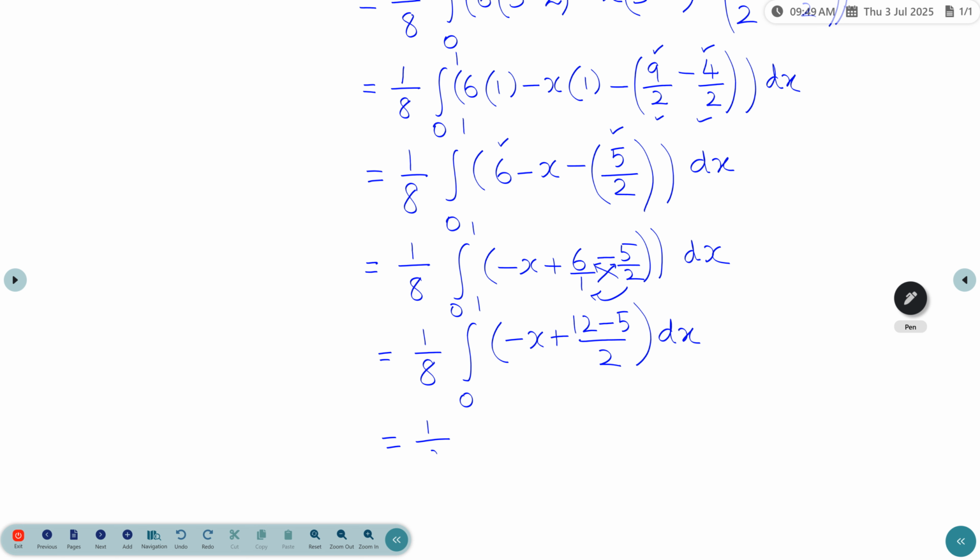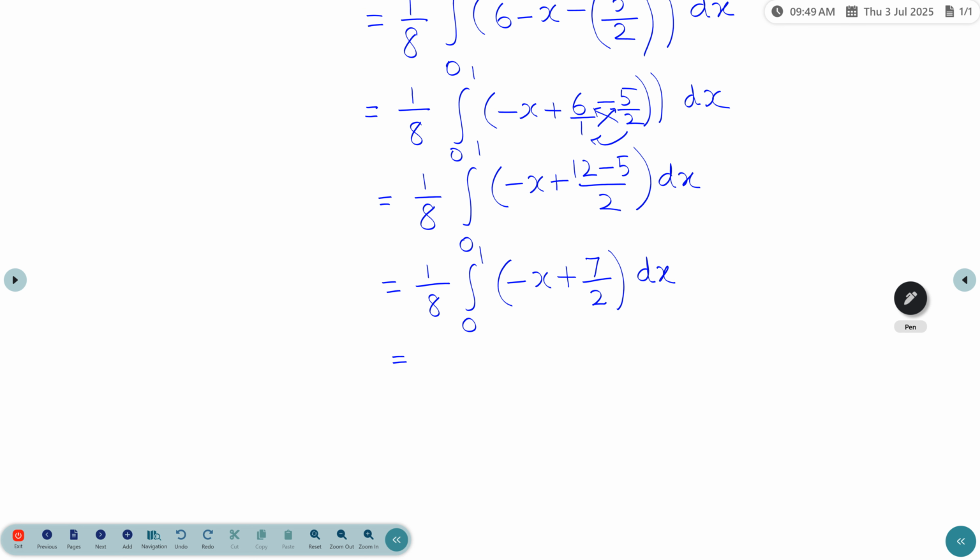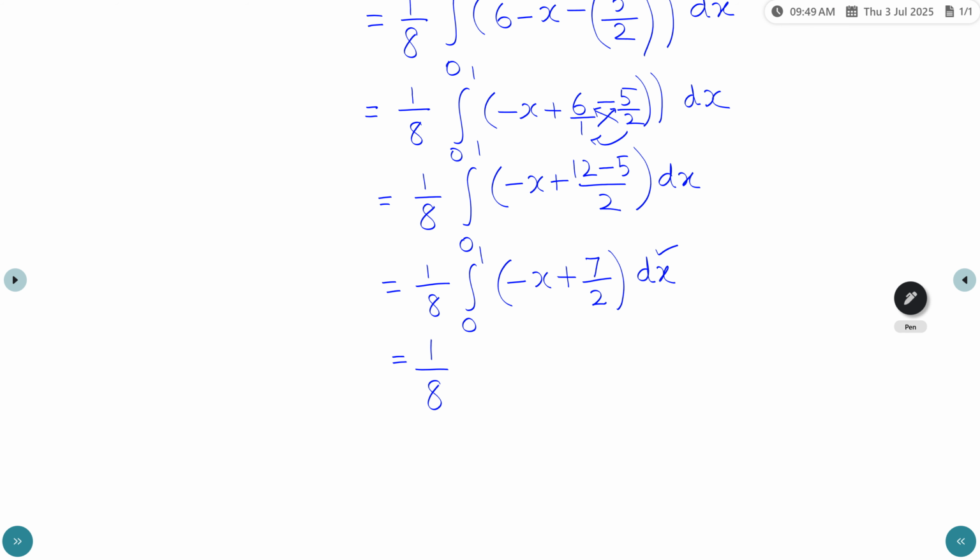So 1 by 8 into the integral over 0 to 1 minus x, 12 minus 5, that is 7 by 2 into dx, which is equal to the next step, integration with respect to x.